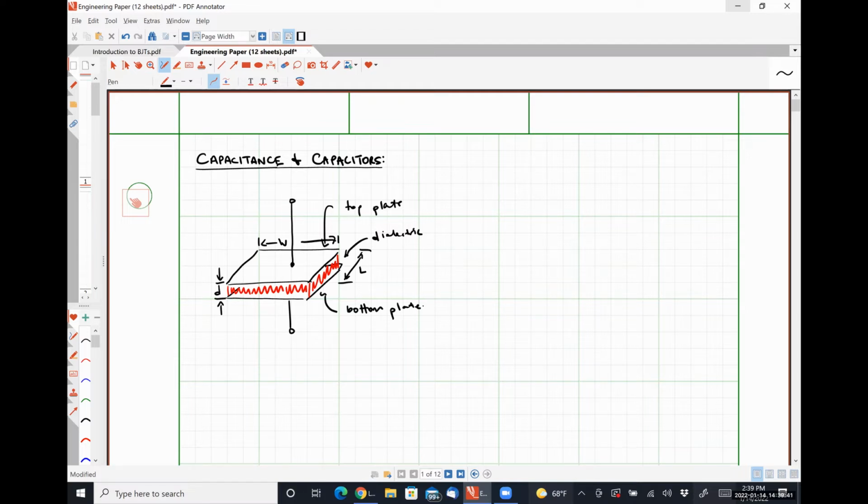So we observe current flowing by moving charge onto one plate and then letting it go. Because when we move charge onto the plate, we see current flowing into the positive polarity terminal. And when we let charge go away from the top plate, we have current flowing out of the positive polarity terminal.